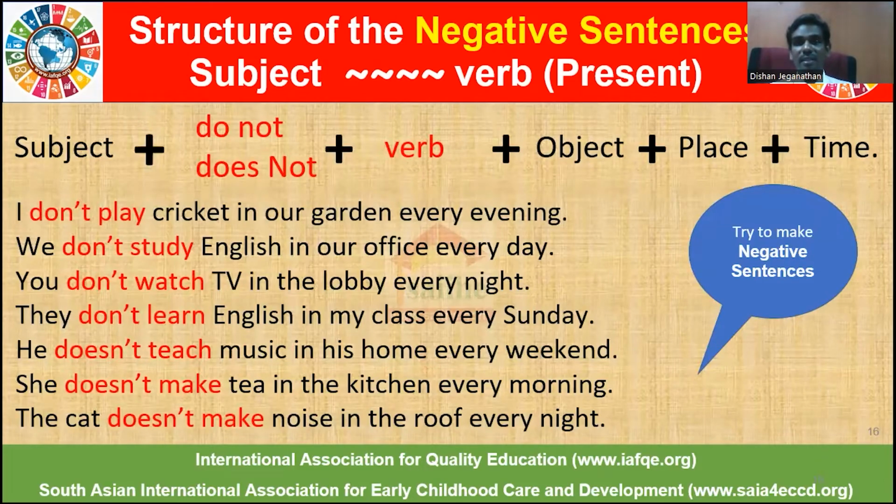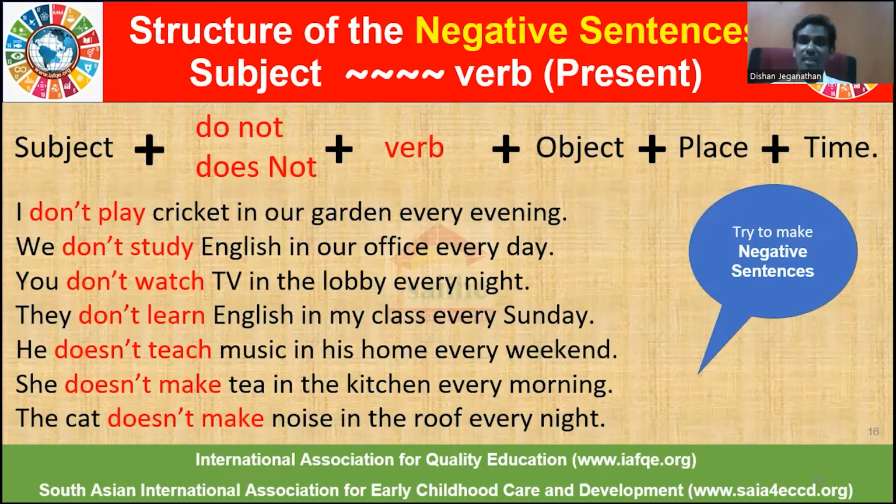Let's look at the examples. I don't play cricket in our garden every evening. I is the subject followed by don't, which is the contracted form of do not. Play is the verb and cricket is the objective here.